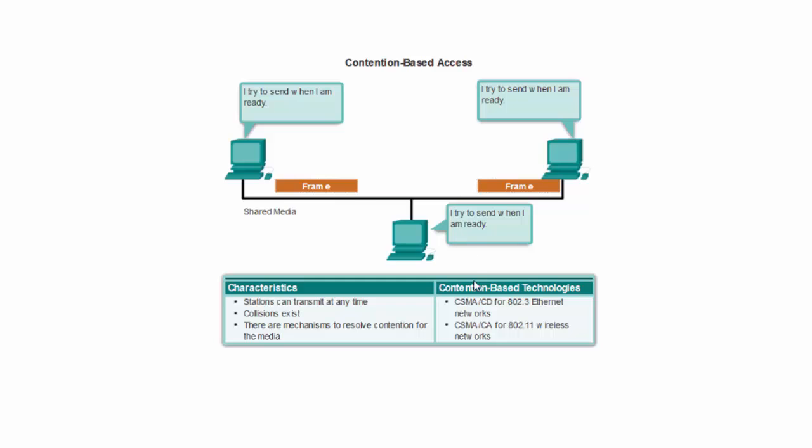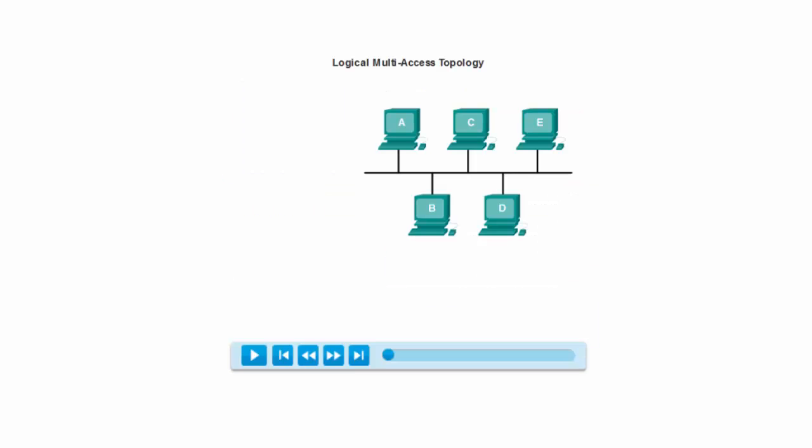So the difference between collision detection and collision avoidance is that for collision detection we detect the collision, but for collision avoidance we try to indicate our intention for transmission using a request signal before we actually start transmitting anything.